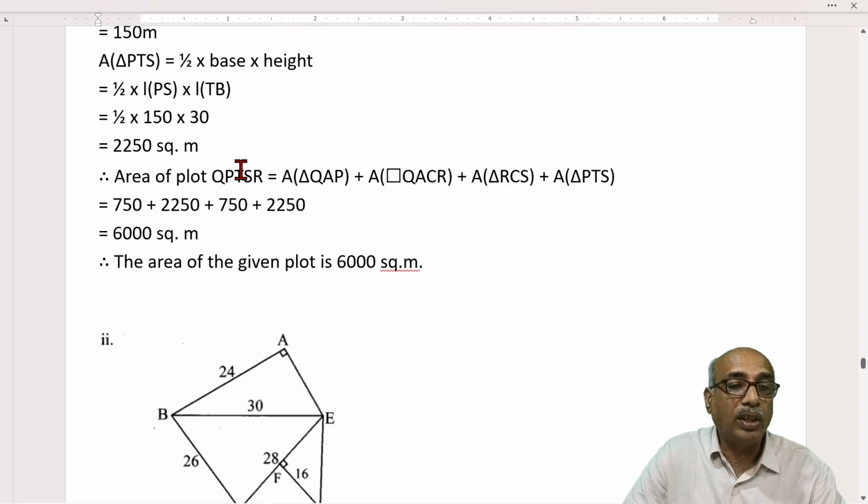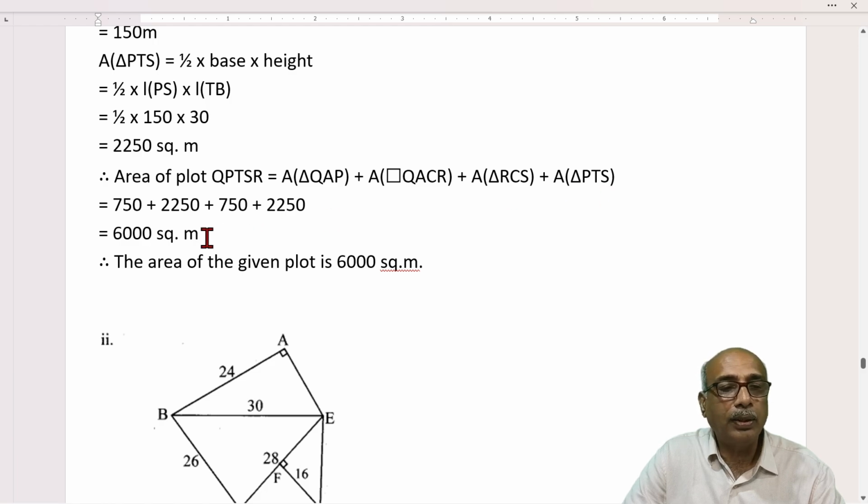Now area of the given plot completely, QPTSR, either clockwise or anti-clockwise, you have to take all the alphabets. So area of triangle QAP plus area of trapezium QACR, area of right angle triangle RCS, and area of triangle PTS, half base into height.